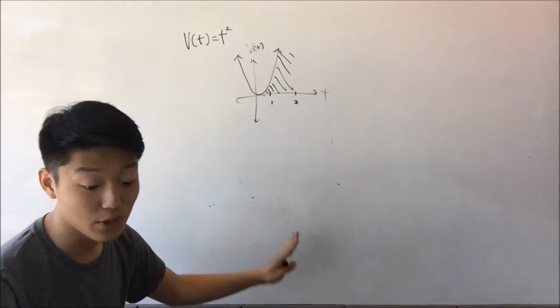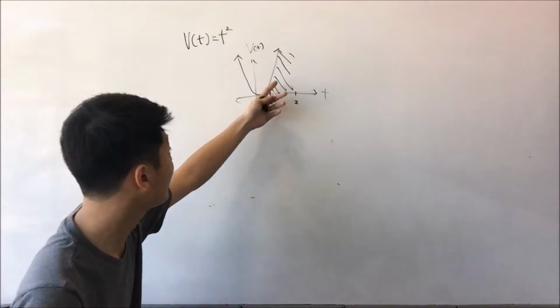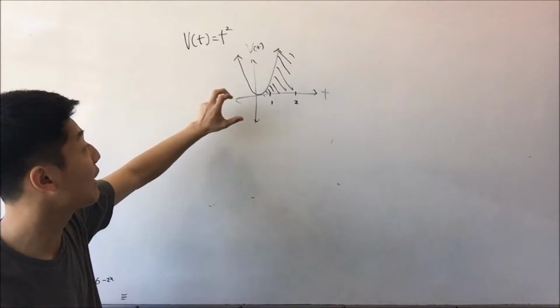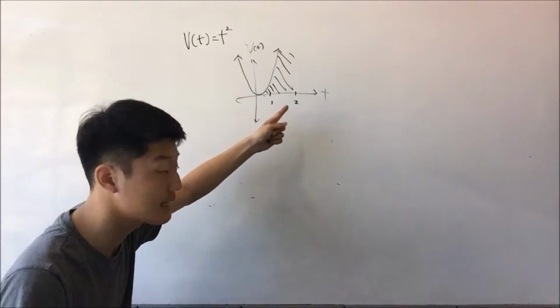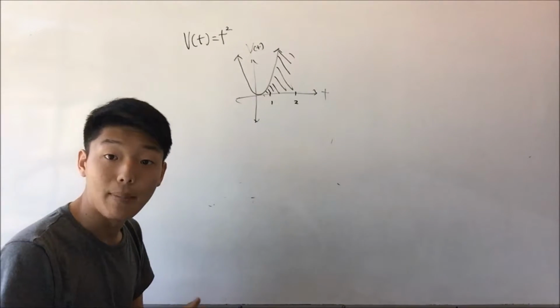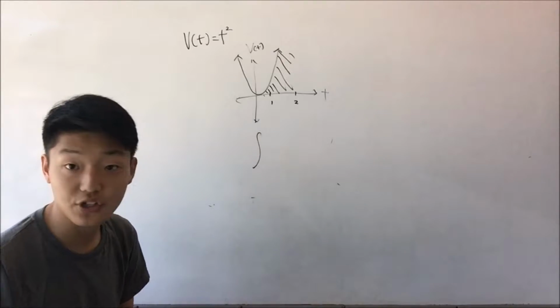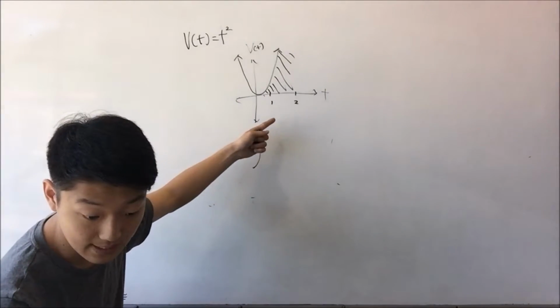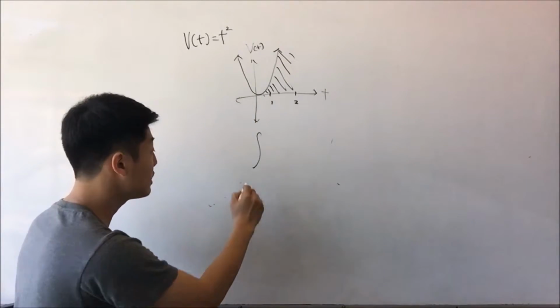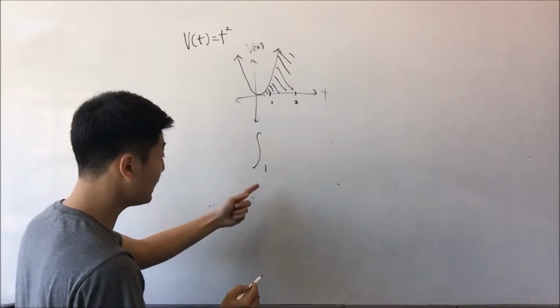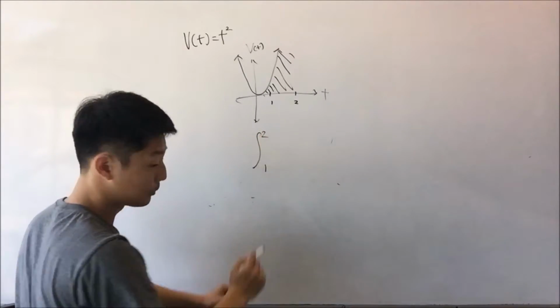How far means displacement. So getting the area between the curve v(t) and the x-axis will give you the answer. By saying area, that means you need to use an integral. The given says between times 1 and 2, so the lower limit will be 1 and the upper limit will be 2.